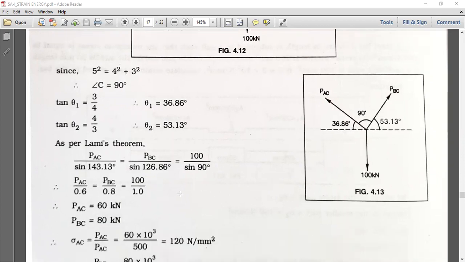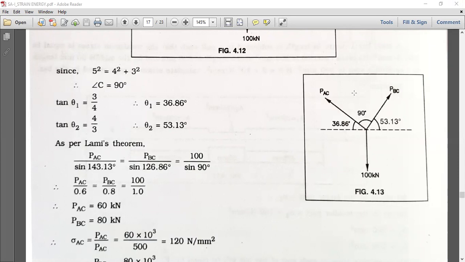As per Lami's theorem, load upon sine of the opposite angle is equal for each. Let PAC divided by sine 53.13, PBC divided by sine 36.86, and 100 divided by sine 90. But we take each value as the whole angle.